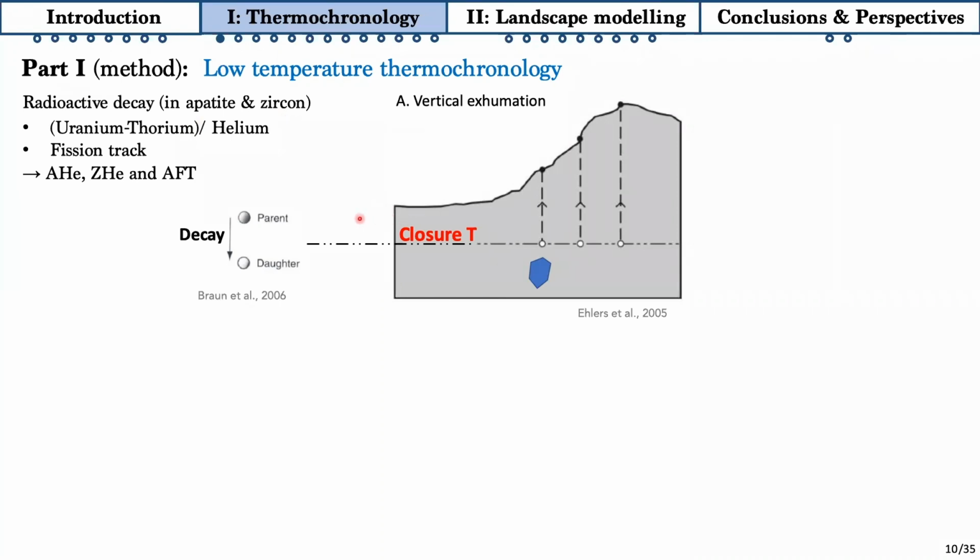When those minerals are located at depths over a certain closure temperature, it forms an open system. That means all the produced daughter elements will flee away. Nothing is kept in the system. And then once the mineral has been exhumed past this closure temperature, the system will be totally closed, retaining everything inside, the daughter elements.